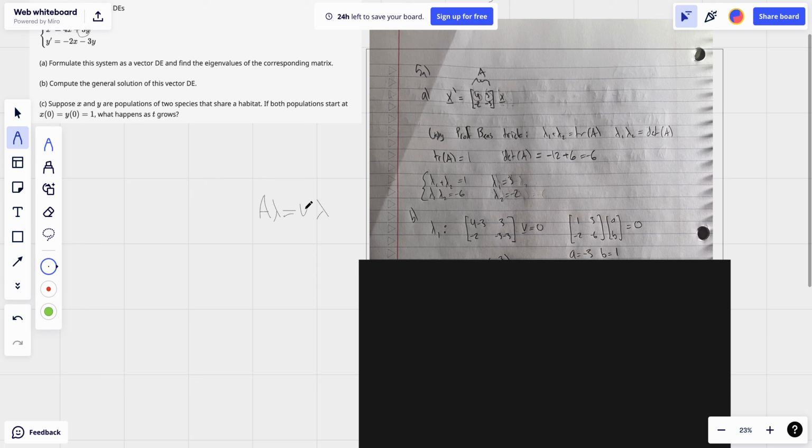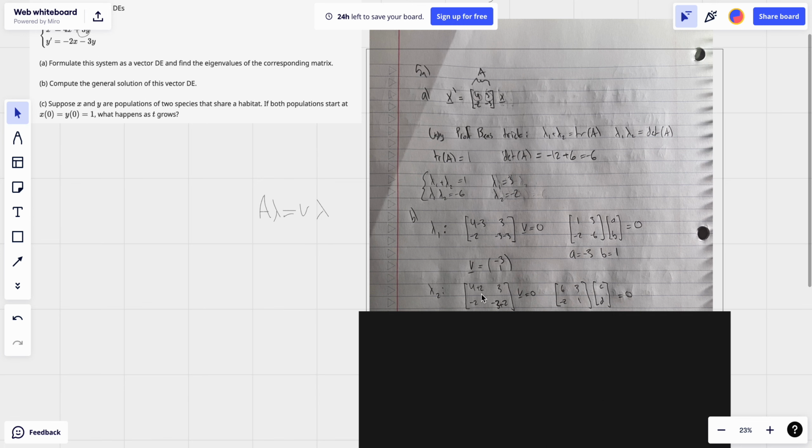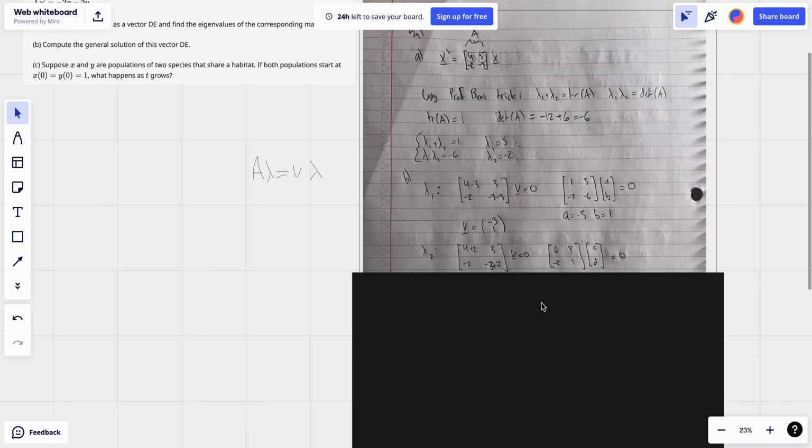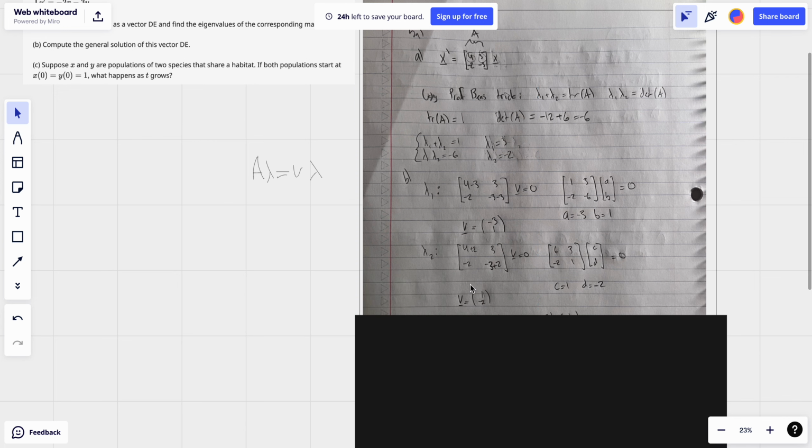So solving for this equation and simplifying it, we get A minus the eigenvalue times the identity matrix times V is equal to 0, and you can solve to get V is equal to negative 3, 1, and similarly we can use the other eigenvalue to find the other eigenvector, which is 1, negative 2.